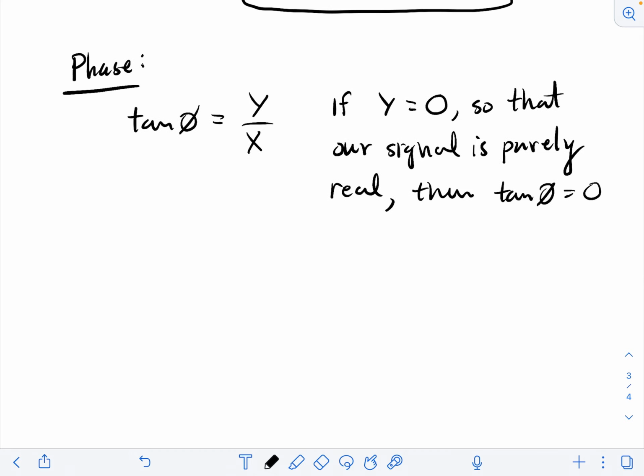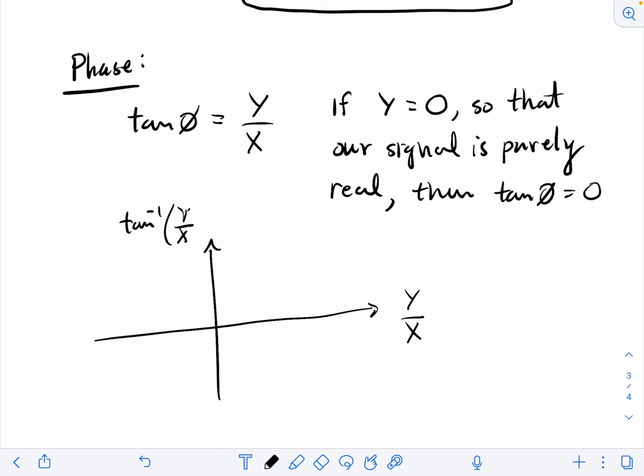If we were to make a plot of the inverse tan, or the arctan, here's y over x, and on our vertical axis is the inverse tangent of y over x. What that looks like is it asymptotically approaches pi by 2 at high values of y over x, and it approaches minus pi by 2 at large negative values, and it goes through 0 here.